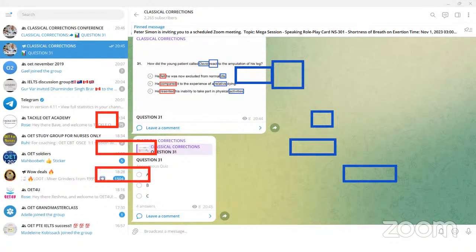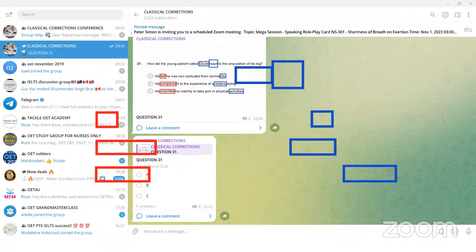Submit your scores 1 by 1 or 0 by 1. 8 answers.